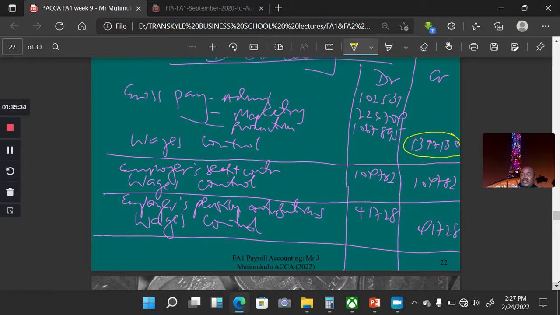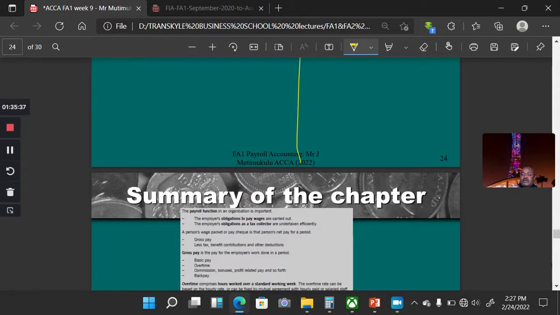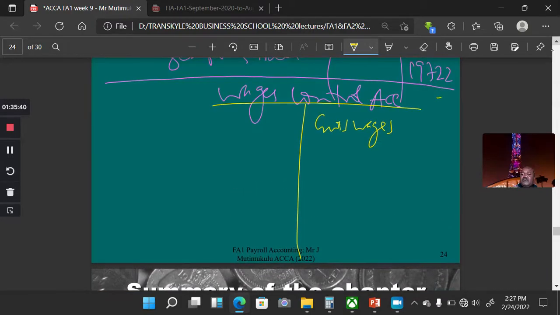So that's 1,397,130. That's our gross wages. And then we know that all the transactions that are going to follow are the employer's transactions.